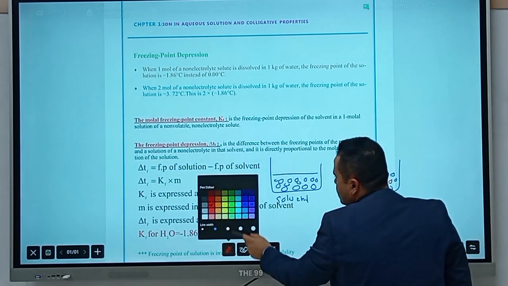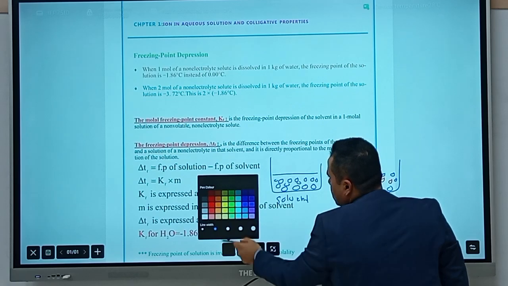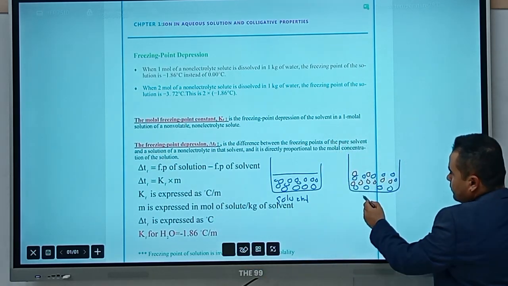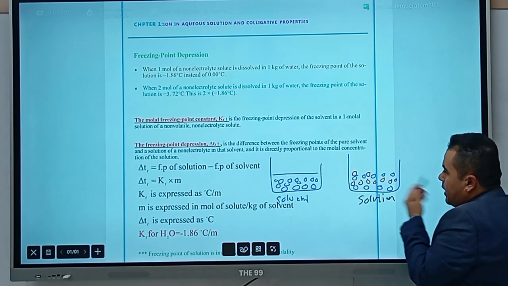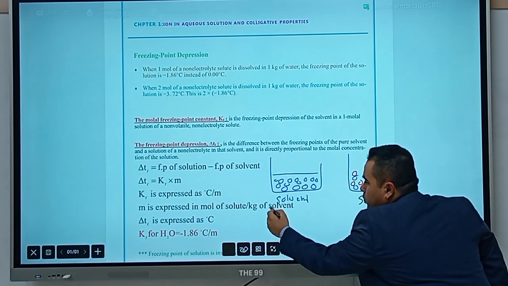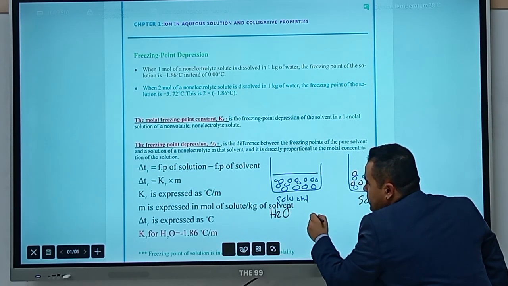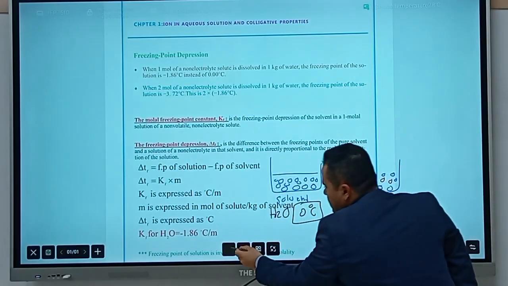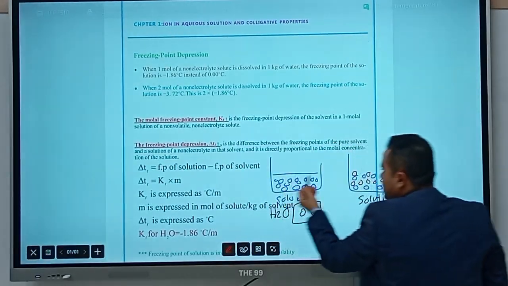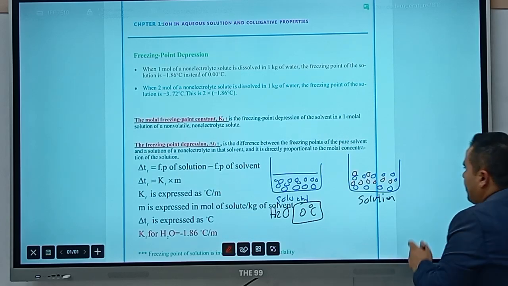The blue spots represent the solvent and the red spots the solute. If the pure solvent is H2O, it has a freezing point of 0 Celsius. It freezes at 0 Celsius.